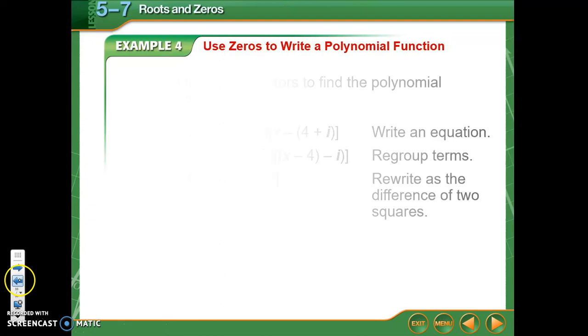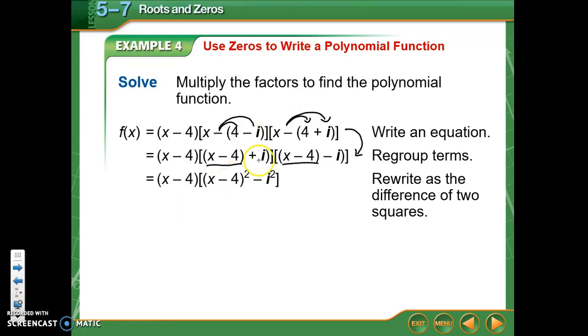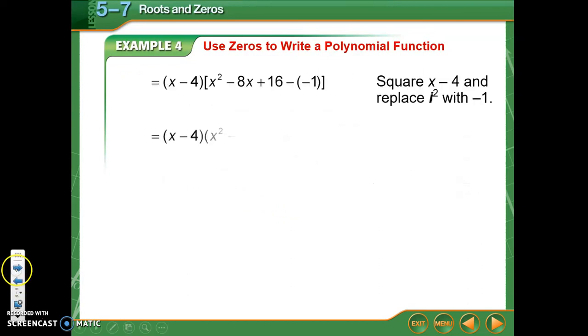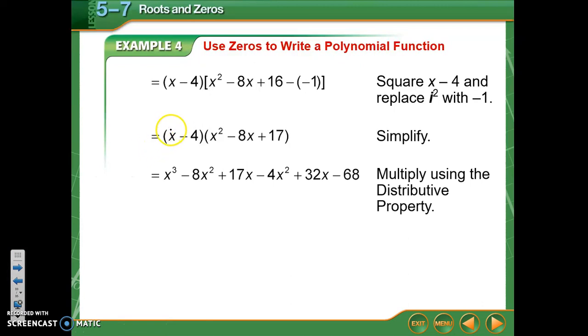So what they did to get from the last slide to this slide is they multiplied out (x minus 4) quantity squared, which is x squared minus 8x plus 16. And then they replaced i squared with negative 1. So that's how we get to here. Then they simplified. That gives me a 17, 16 minus negative 1. And then we just have to distribute some more.